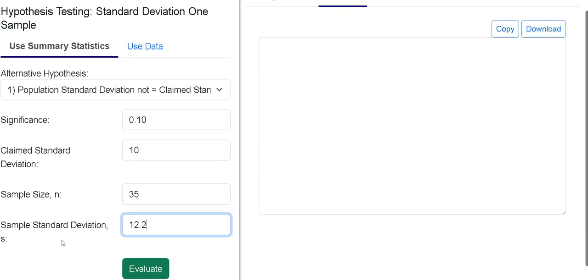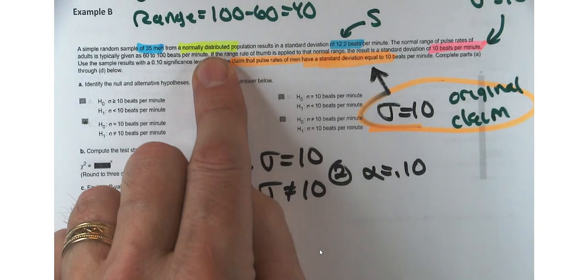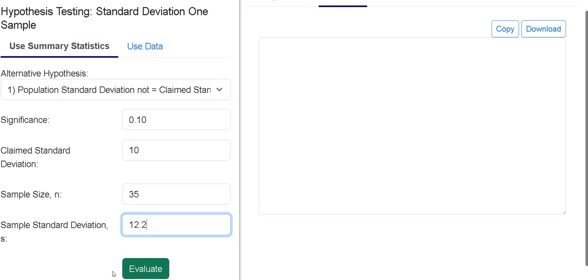Now there is one nice thing that they gave us that allowed us to do this problem. Does anyone know what that is? They gave us that it was normally distributed. All right, so that's a must. You can test those things as needed and as discussed before. Let's actually evaluate this.